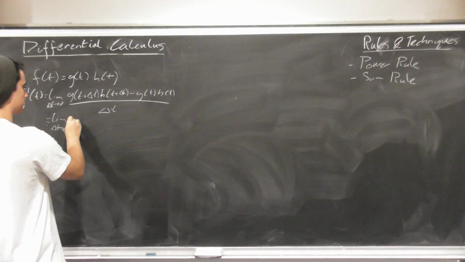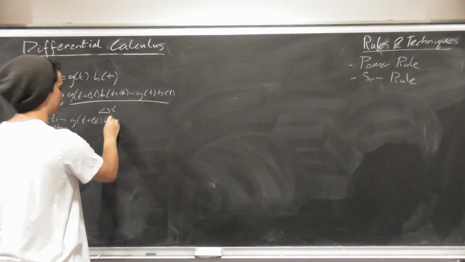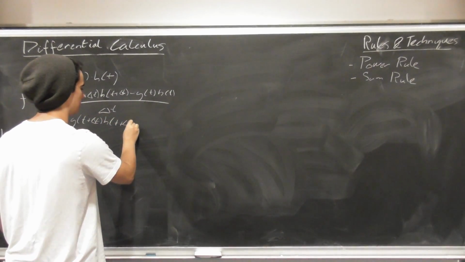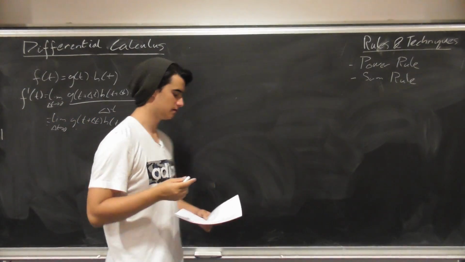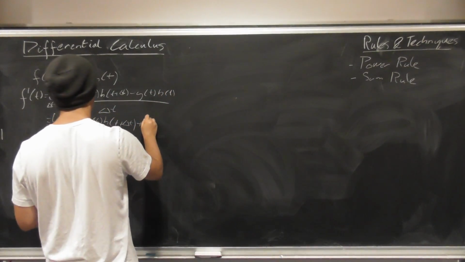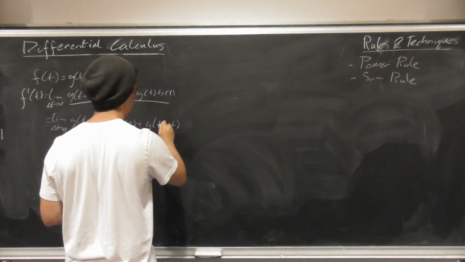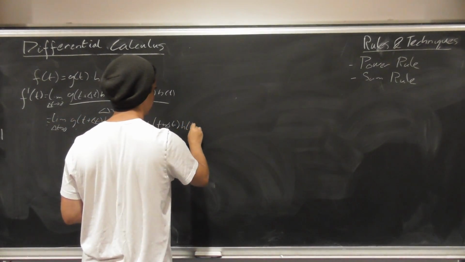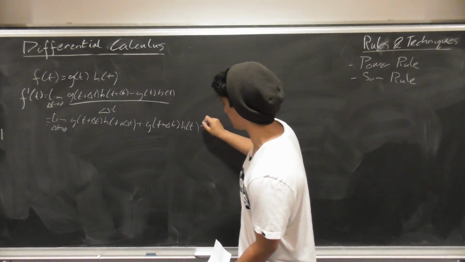So if we have g of t plus delta t times h of t plus delta t, we can add and subtract g of t plus delta t, h of t.